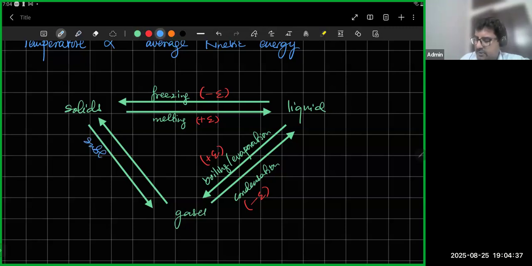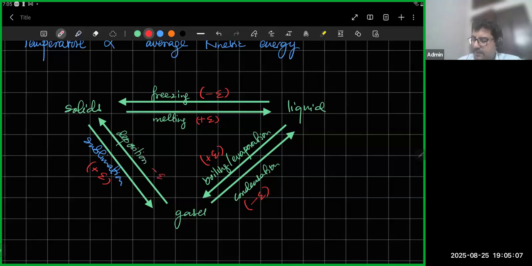Maybe they're gaining energy. Some particles can actually sublimate. A lot of particles exist in all three states, but some just go from solid to gas directly. And from gas, they can go back to solids, and that's known as deposition or solidification, where they lose energy.